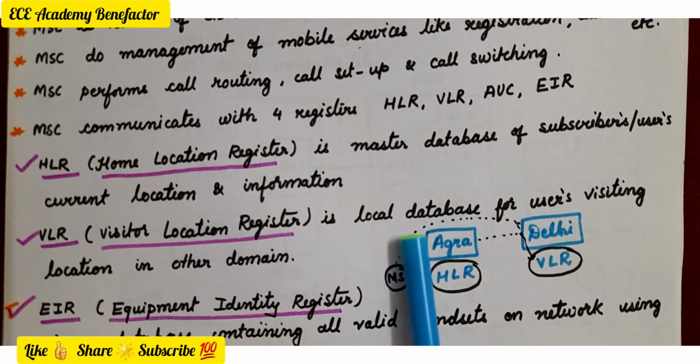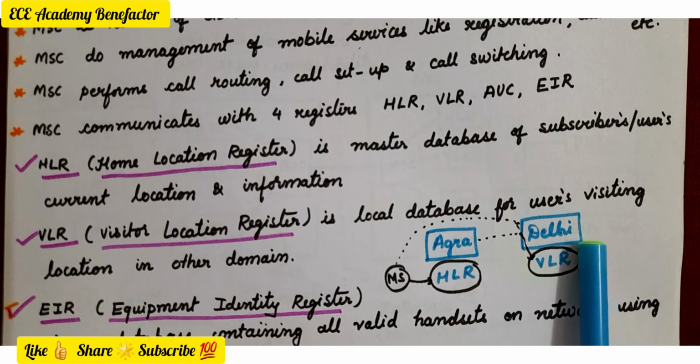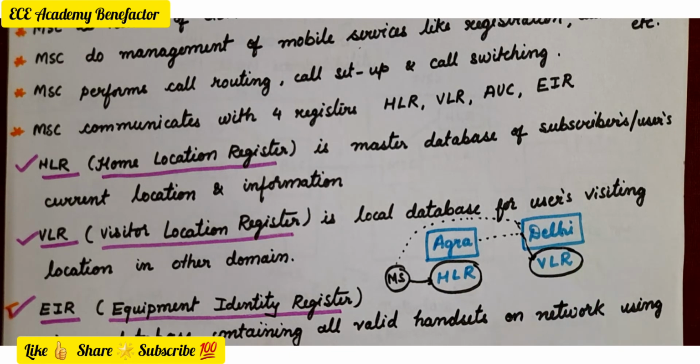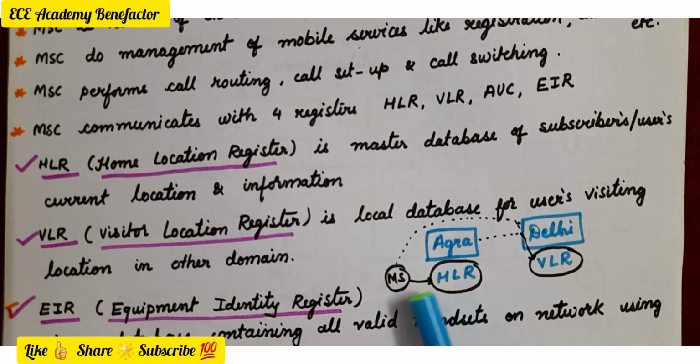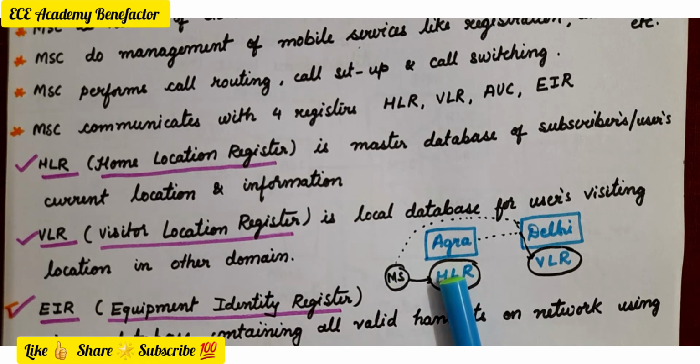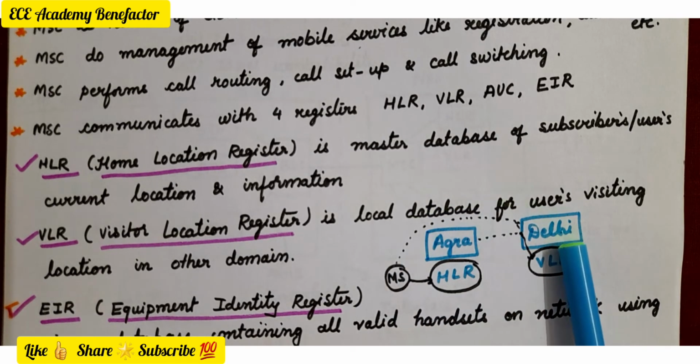And when it is going to another area, Delhi, the MSC will hold the data in VLR. That is, whenever a user is moving from one region to another, its information will be held with MSC. So in the main region, when it is in its own coverage area, region 1, it will be held in HLR. When it moves to another region, it will be held with VLR.